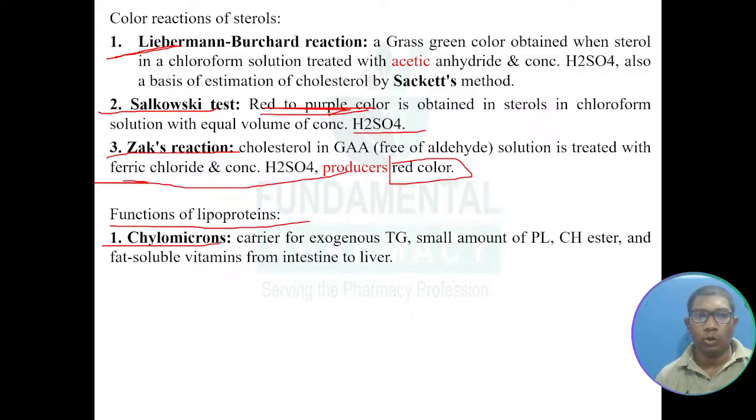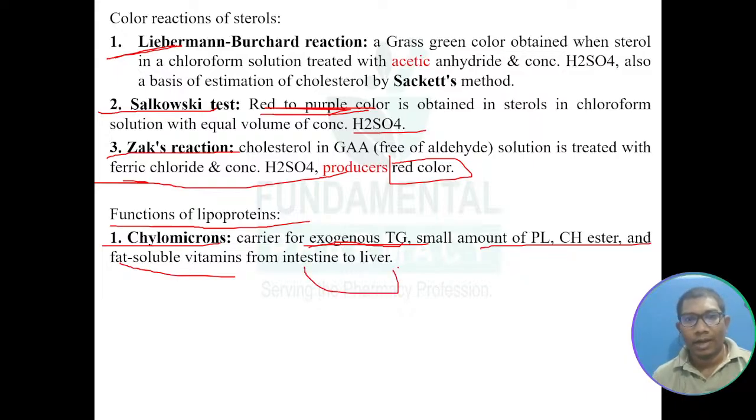So chylomicrons are the carrier for exogenous triglyceride. Meaning the triglyceride you eat or the fats you take, whatever lipids you are eating, chylomicrons carry the exogenous triglyceride and also in a small amount phospholipids and cholesterol esters and fat soluble vitamins from the intestine to the liver.